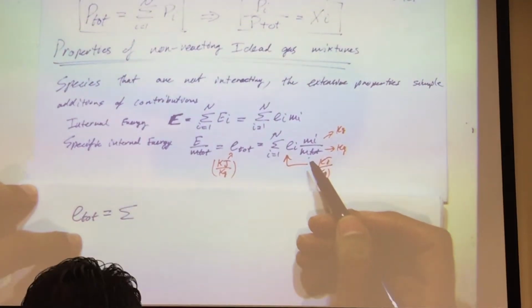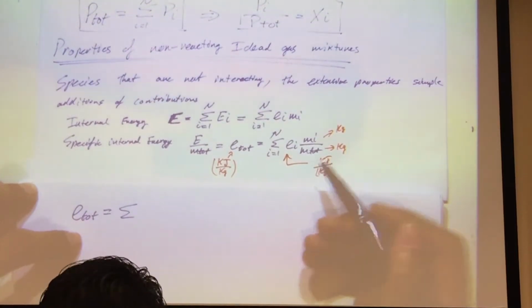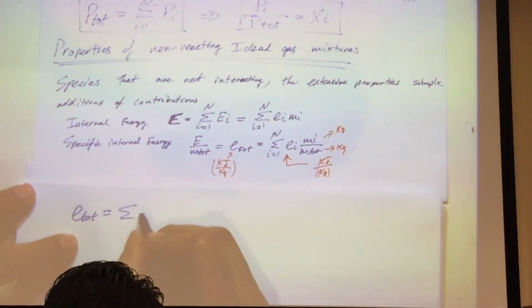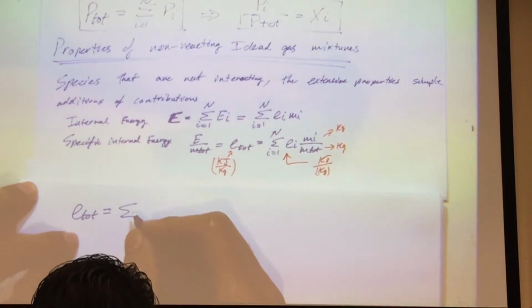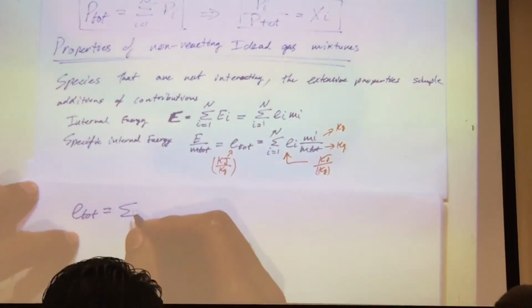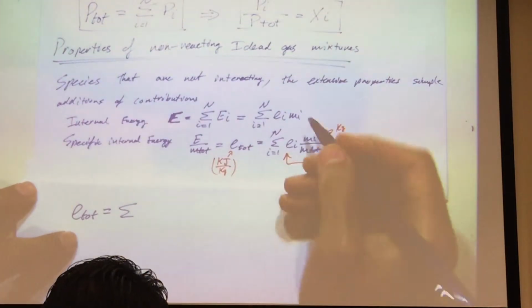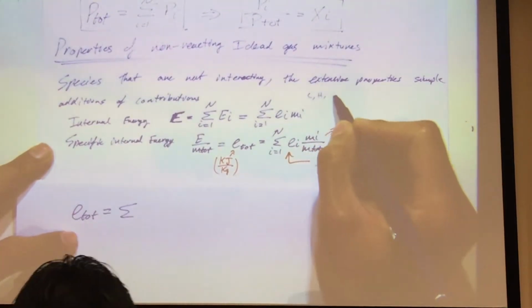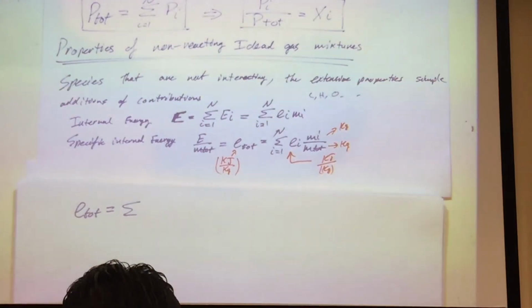Yes, y_i. Did they use y and m? Is that confusing you? You used n and m for subscripts? Okay. i just represents the number of species. You might have carbon, hydrogen, oxygen, and we're going to do an example on it. So let me get to that example.